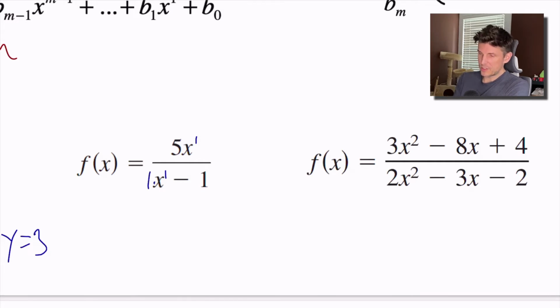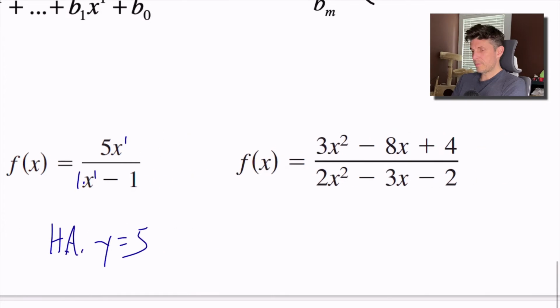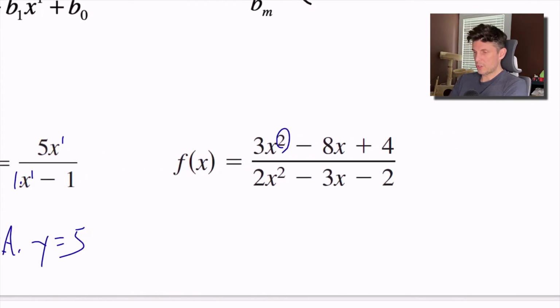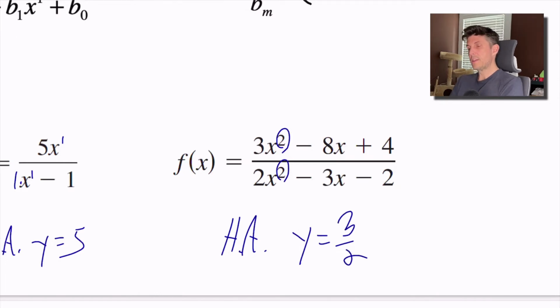Leading coefficients are 5 and 1, so we have a horizontal asymptote at y equals 5. And this last one, degree of the numerator is 2, denominator is 2, so we have matching degrees. So we have a horizontal asymptote at y equals 3/2. Okay, so that was case 2.